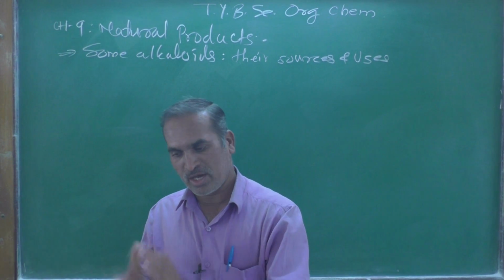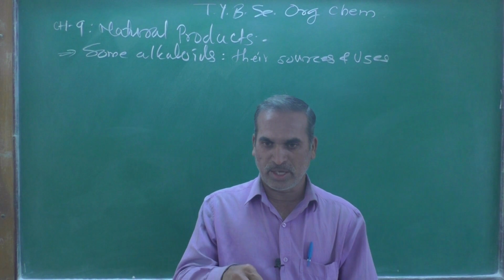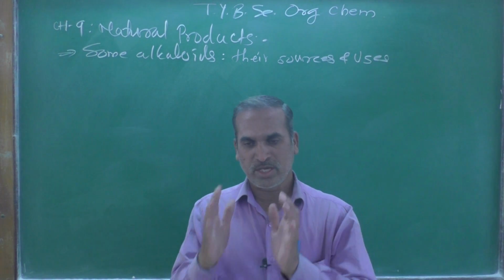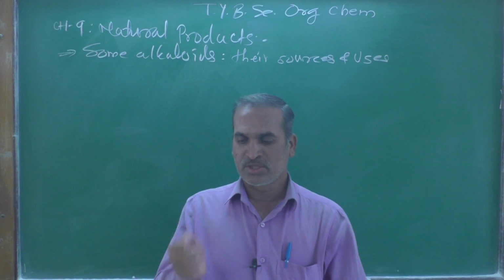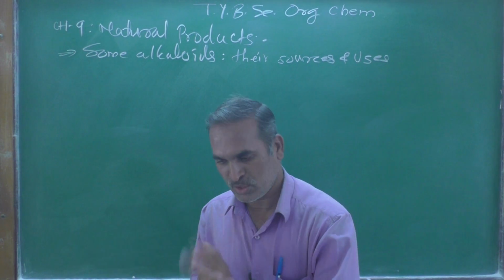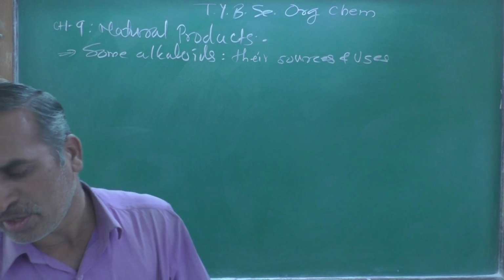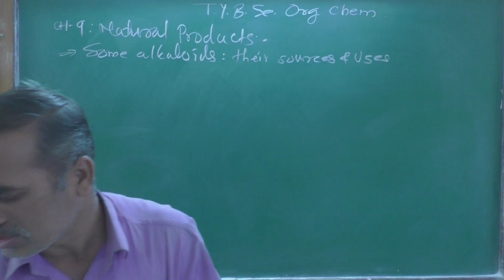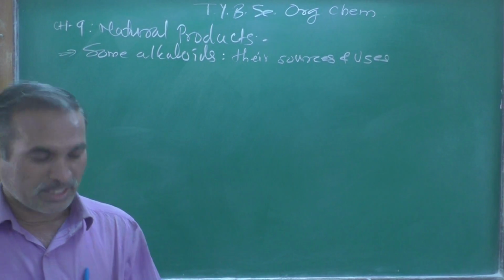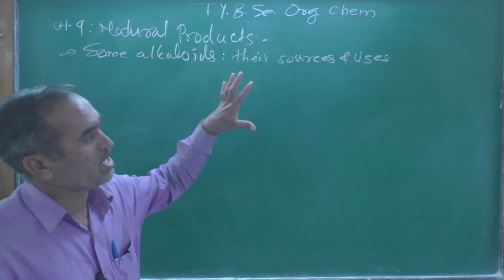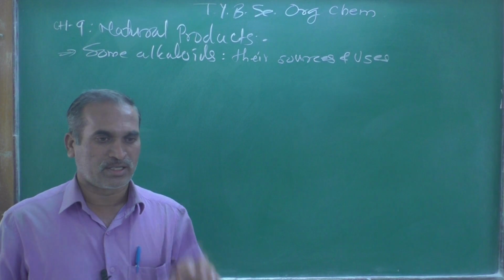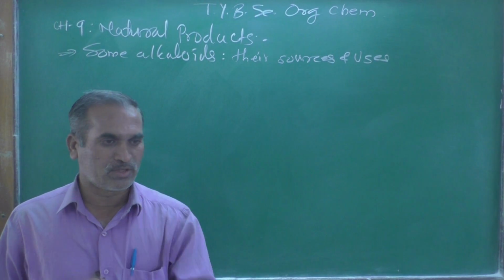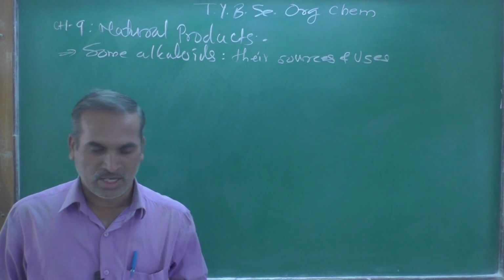That we have also discussed, and right now we are going to discuss some alkaloids, their sources and uses: from where the alkaloids are obtained or derived, and what their uses are.